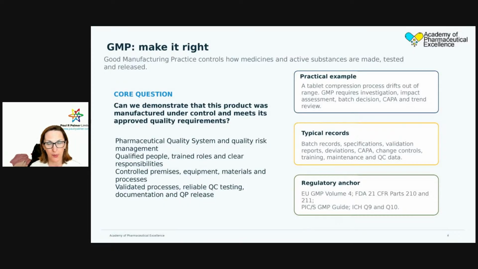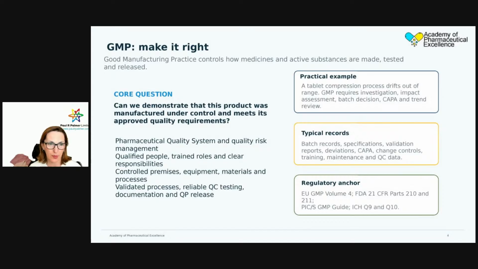For example, if your tablet batch is compressed, filled, packed, or tested, there should be a clear record of what happened at each stage, who performed the work, what equipment was used, whether the required checks were completed, and whether the results meet specification.